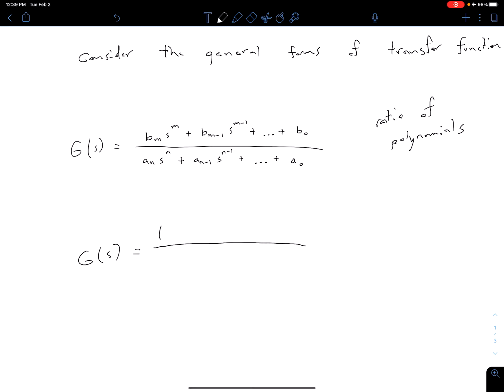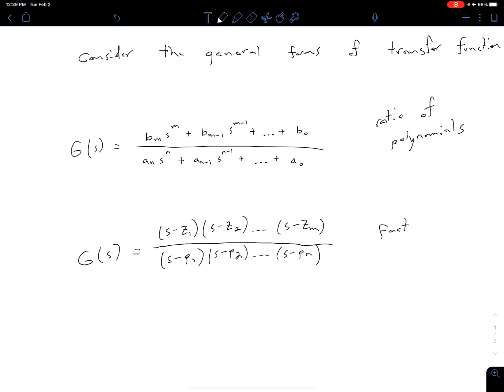In our factored form, we have s minus z1 times s minus z2 all the way down to s minus zm in the numerator. In the denominator, we have s minus p1 times s minus p2 all the way down to s minus pn. Again, this is called our factored form. So why have I used the nomenclature or the parameters z and p?